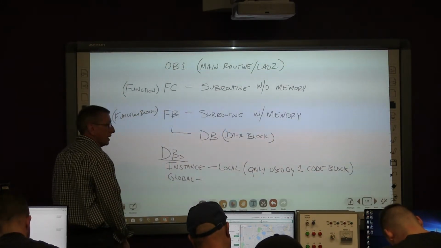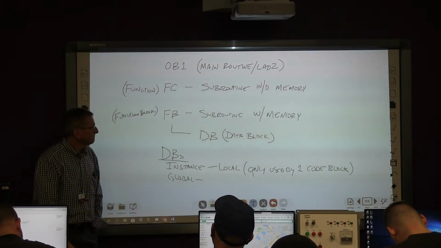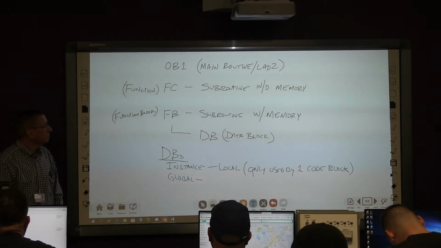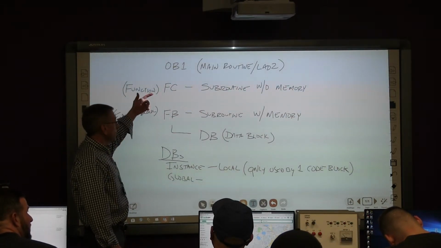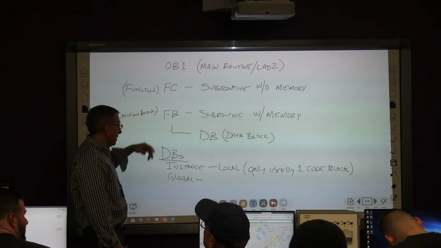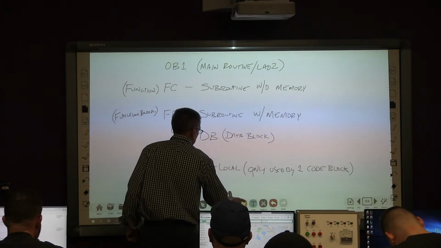So the data inside there can be used anywhere. OB1, FC, FB. There are several types of organizational blocks.